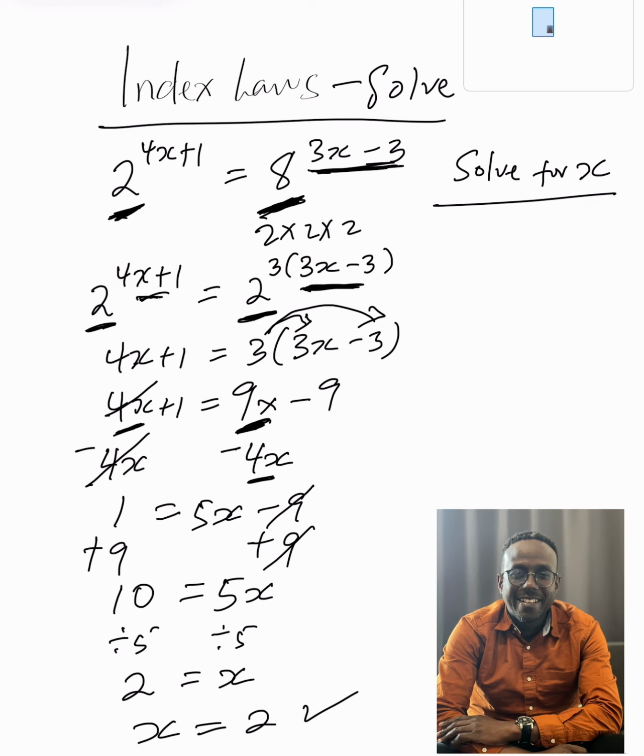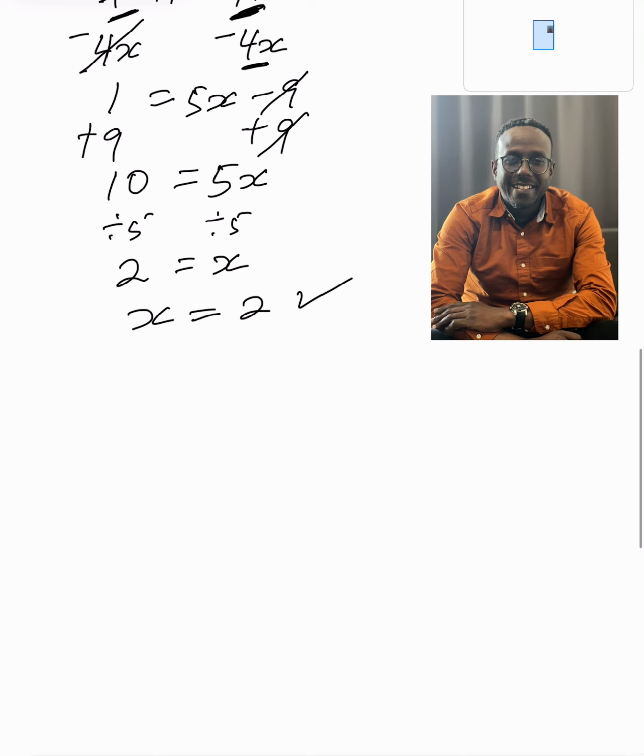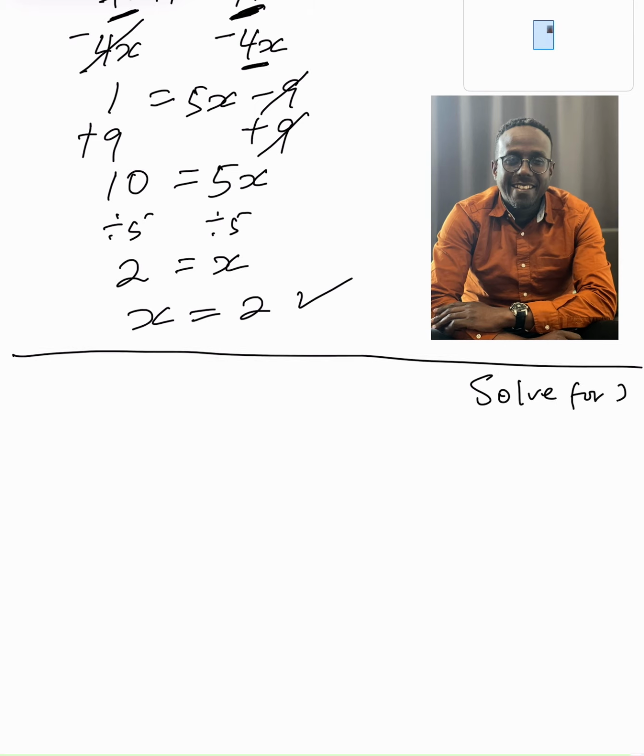Good. Now I'm going to put down the practice question, which you can try out. Then we can do it later, no worries, okay? But please first try it out, okay? So the question here is to solve for x still, okay? We are still solving for x. Solve for x.